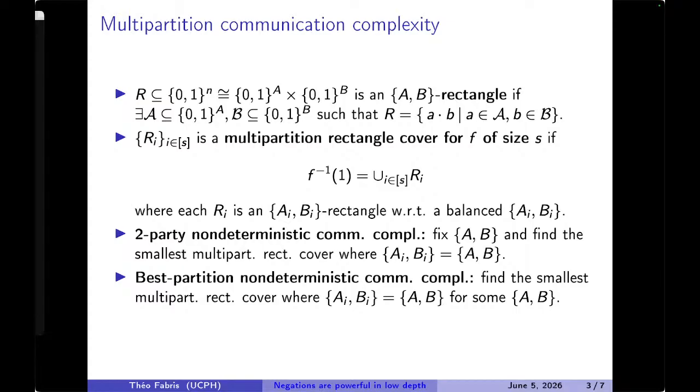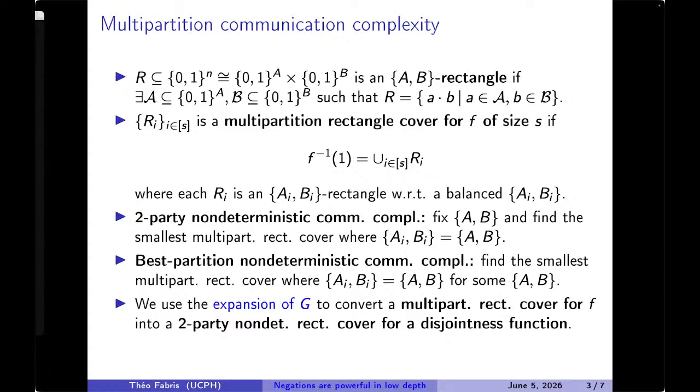The difference from the previous thing is just that here we are allowed to choose the best partition. And using the same trick as Magnus explained before, we're going to use the expansion of G to be able to convert a multi-partition rectangle cover for F into a two-party non-deterministic rectangle cover for a certain disjointness function that I'm going to define later.